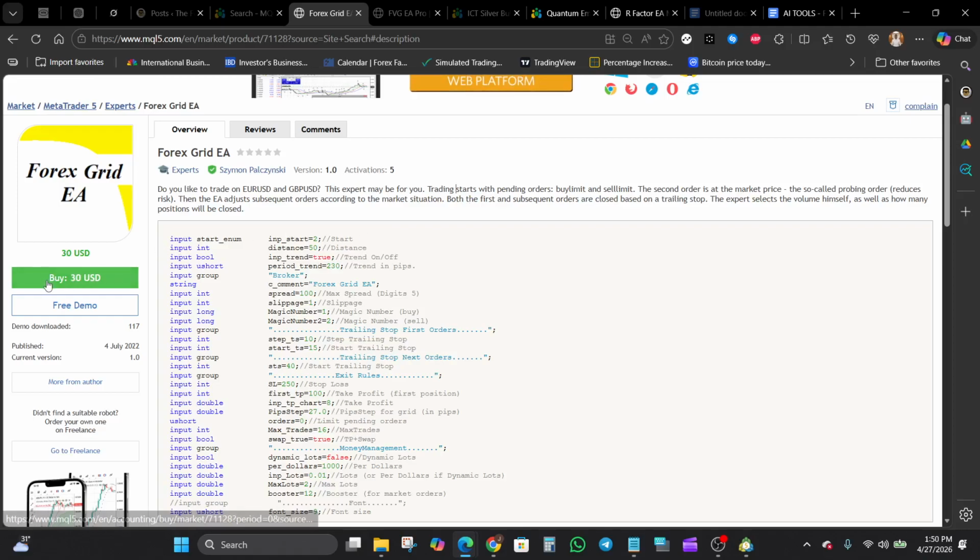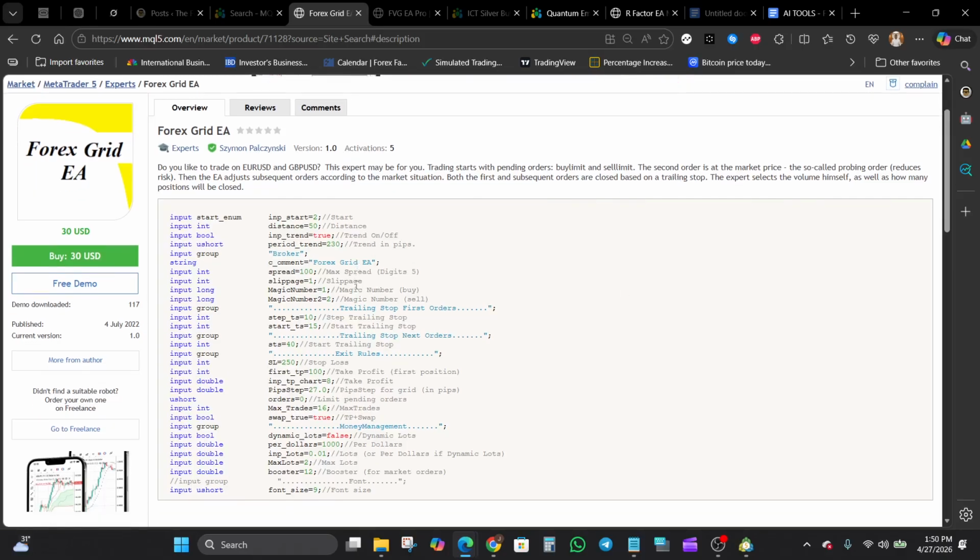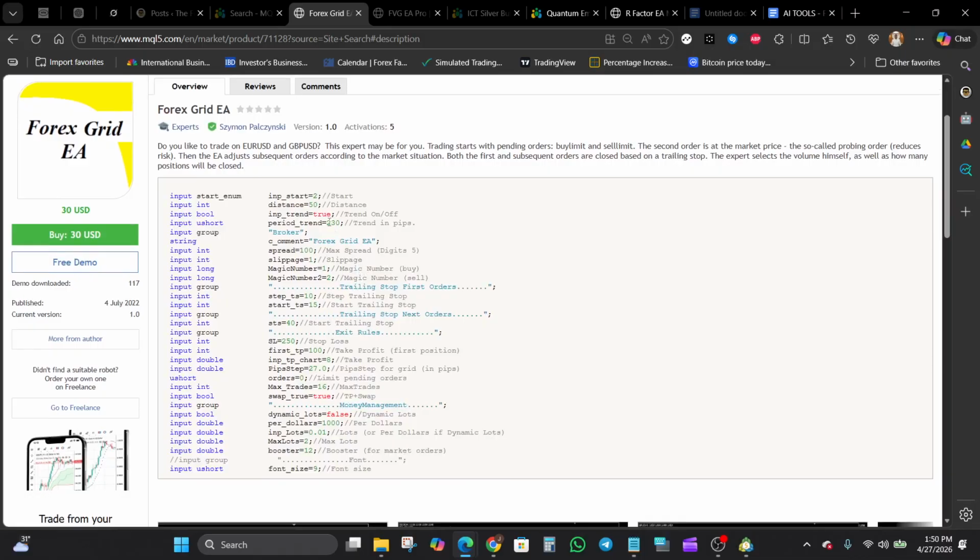The price is sitting at 30 US dollars, which is relatively affordable compared to a lot of other EAs out there, especially grid based systems. Now, from the description, we can already see that this EA starts trading using pending orders, specifically the buy limit and the sell limit orders.